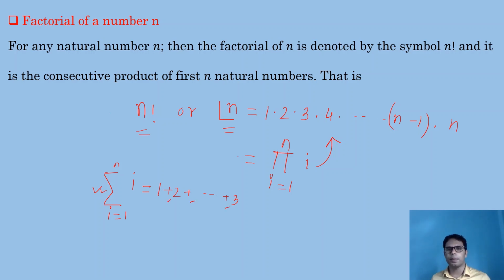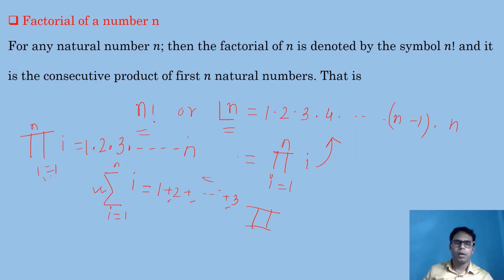But when you write pi, with I from 1 up to n, then the terms should be multiplied. That means 1 into 2 into 3 and so on, up to n, the final value is n only. Okay, so I think you understood this part.